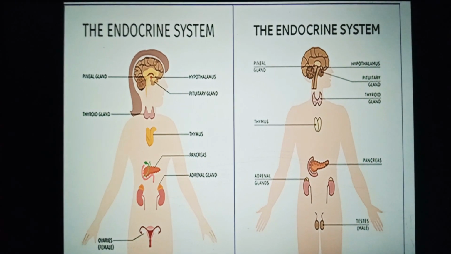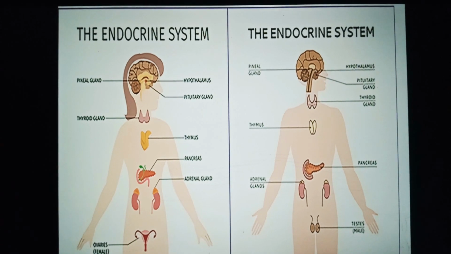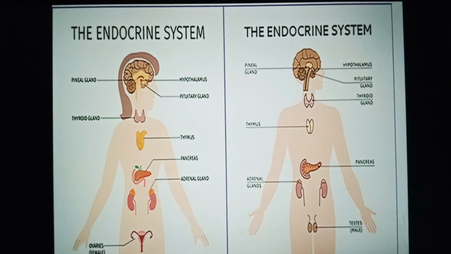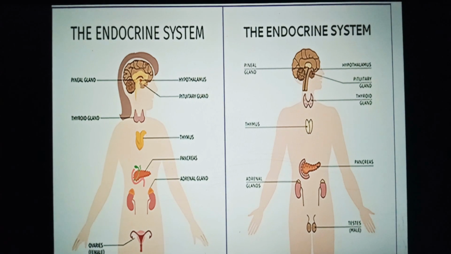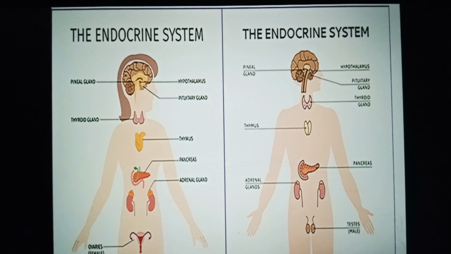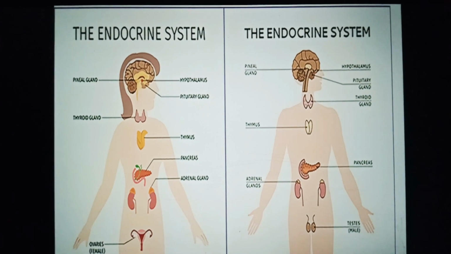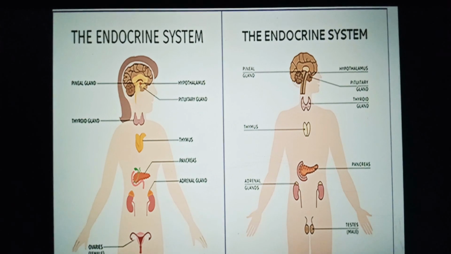Activities such as growth, reproduction, maintenance of glucose concentration in blood, and reabsorption of water in kidneys need to be regulated. The endocrine system performs this job. The system uses chemicals to communicate with its effectors. These chemicals are known as hormones.